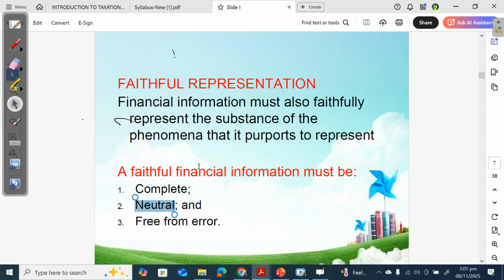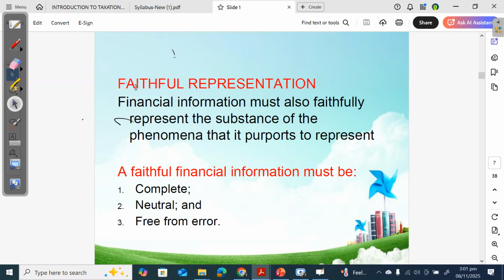And also it should be free from error. We don't want to see errors in the statements. Okay, so that is faithful representation.